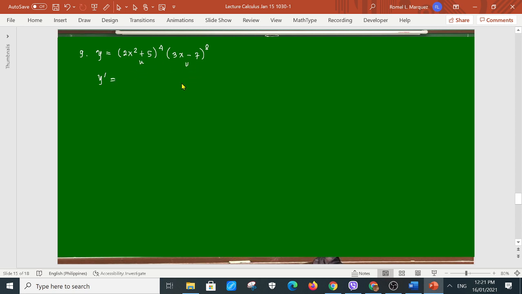Ito muna yung UV. So, we have the first, derivative of the second, with respect to x, plus the second, copy, raised to 8, derivative of the first. Yan.